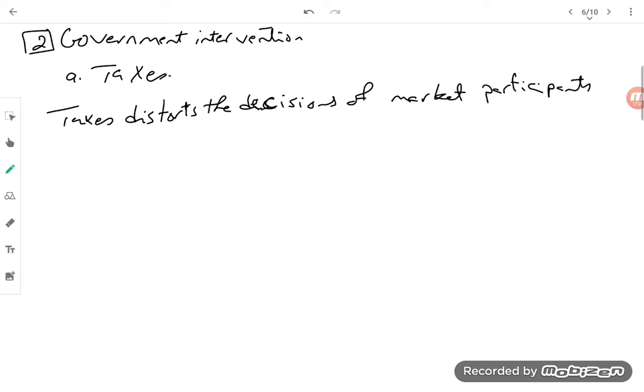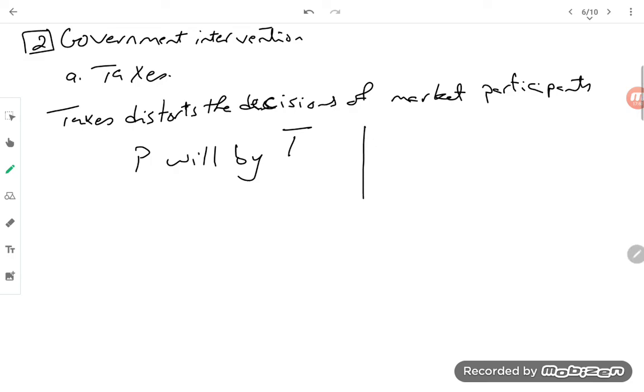As the government imposes taxes, the price of the commodity will be affected by the amount of taxes imposed, and this is going to affect marginal social benefit and marginal social cost. Let's illustrate this graphically.